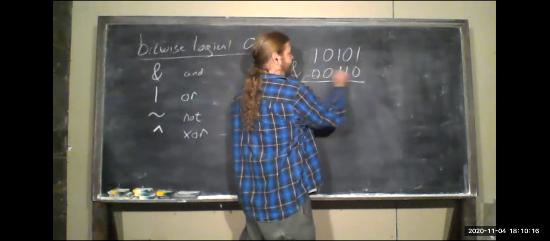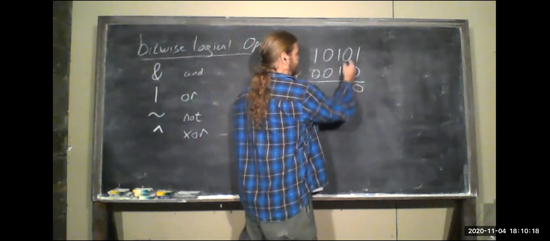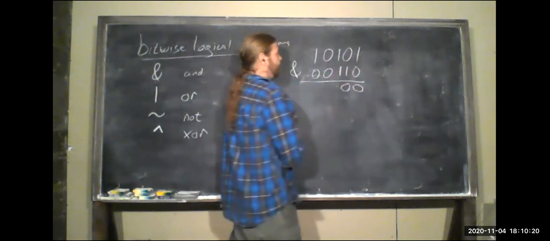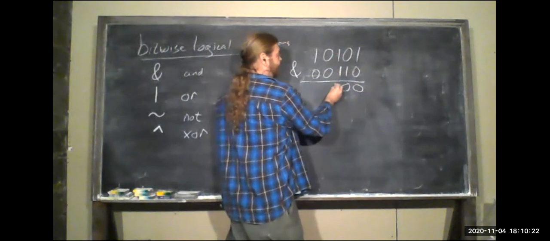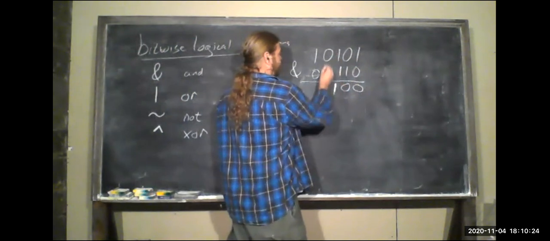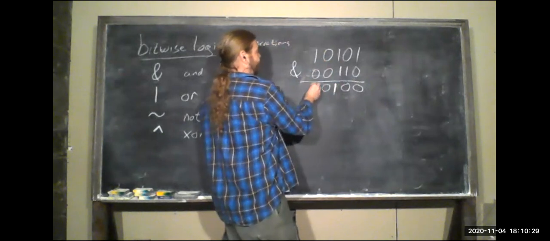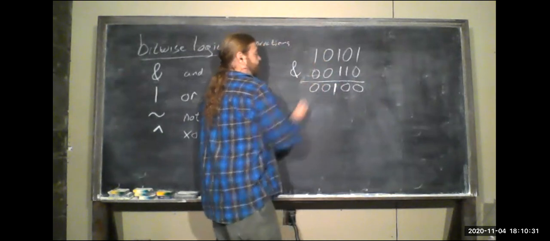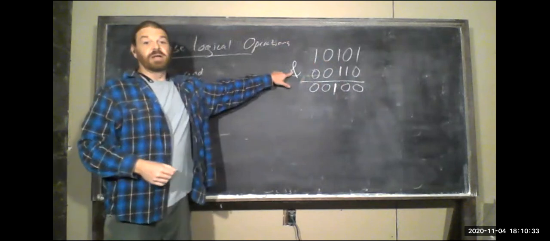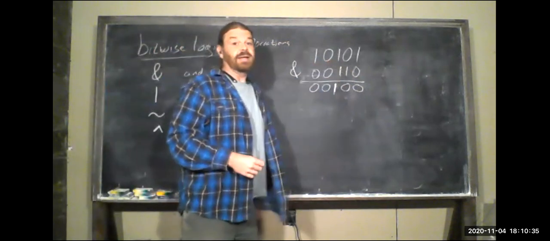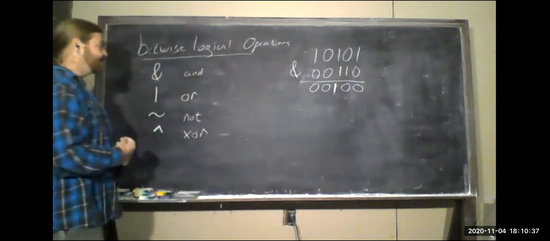So 1 and 0 will be 0, 0 and 1, 0. This third column, both of them are on, so that's going to return a 1. 0 also obviously going to stay off, and they're not both on, so the result of that with and would be off. So bitwise goes bit for bit.